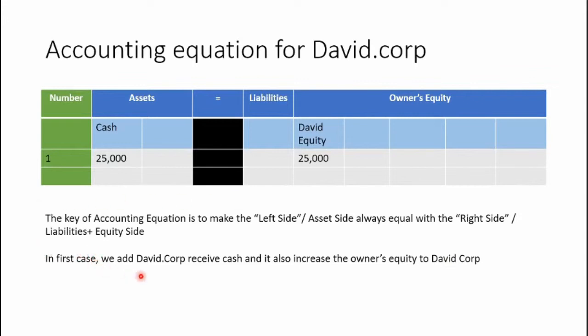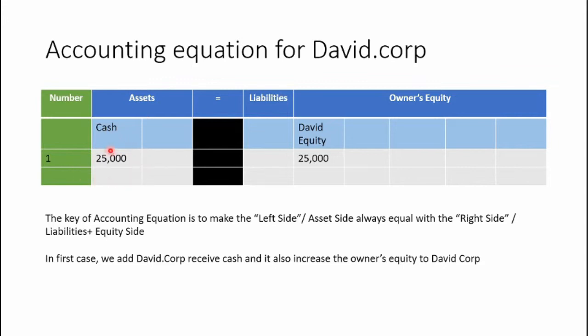Here we have David, who sent his own cash to David Corp. So David Corp received cash, and it also increased the owner's equity of David Corp itself. So in this first case, David sent cash to David Corp as an initial deposit.